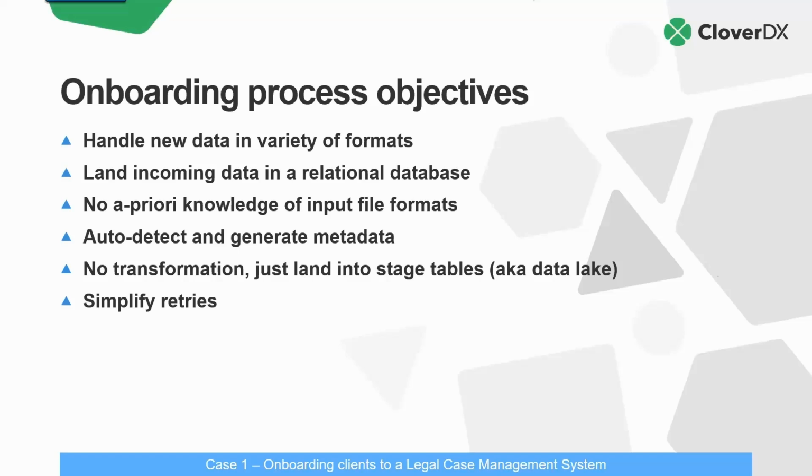Instead, we want the process to inspect the incoming file and auto-detect what the structure is, and then use that structure to actually read the data and populate a stage table, essentially with the same structure. That's what we're doing really, if you think about it, is creating a data lake where we have relational representations of all of these incoming files, and then a downstream process can do some further ingest onto the platform.